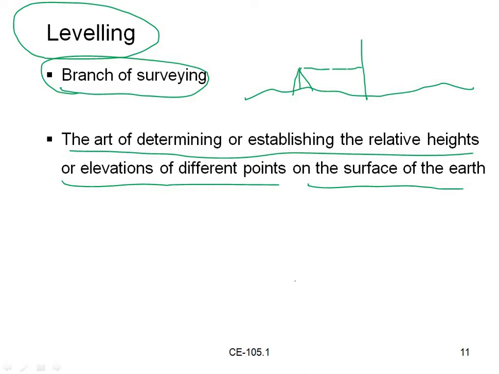And if you are taking the instrument from higher ground levels also, keeping the instrument at the top and the staff at the bottom, these also give relative heights, that means the elevations and depressions. This is a depression, and for the elevation, the instrument will be at the bottom and the staff will be at the top of the surface.